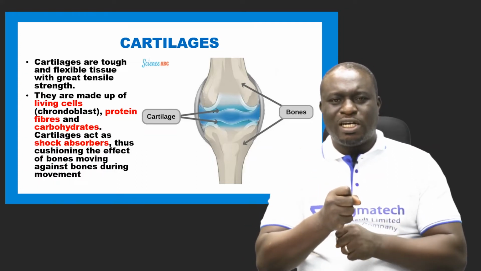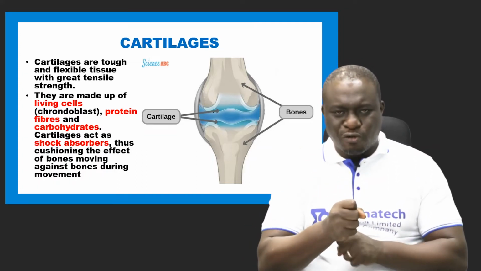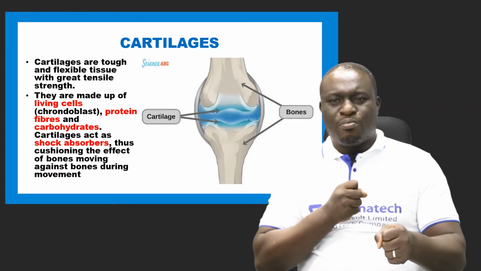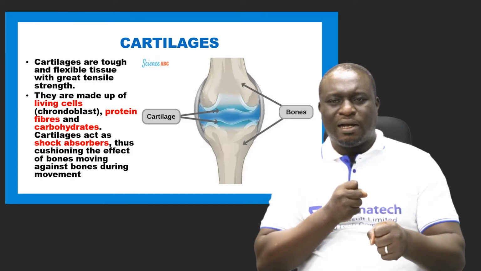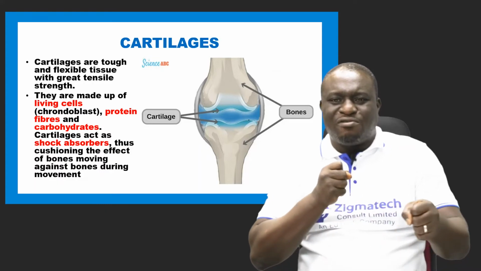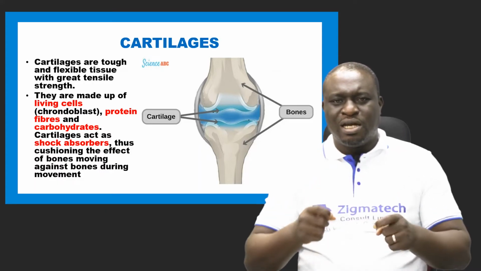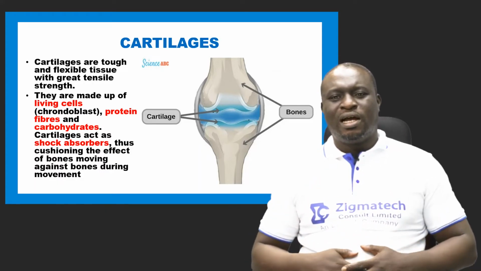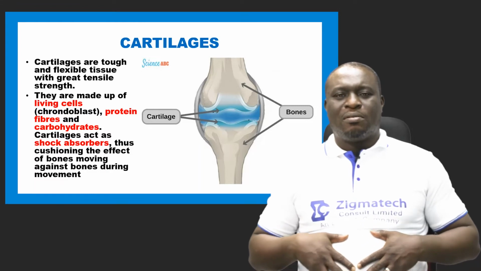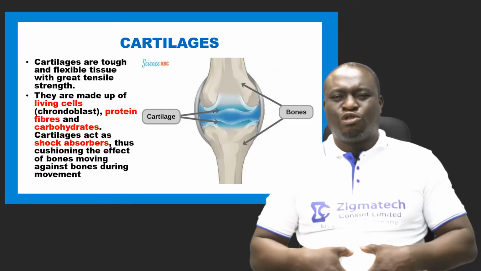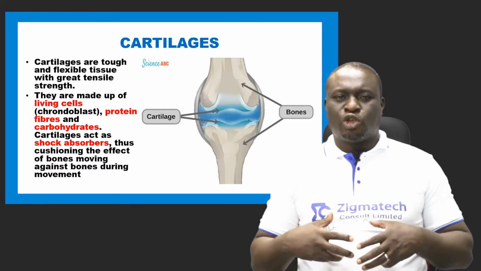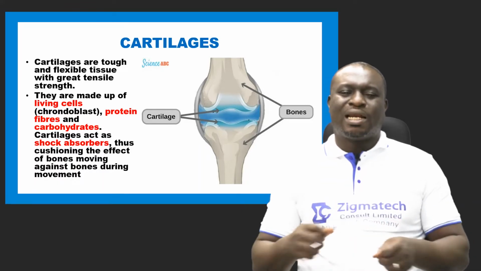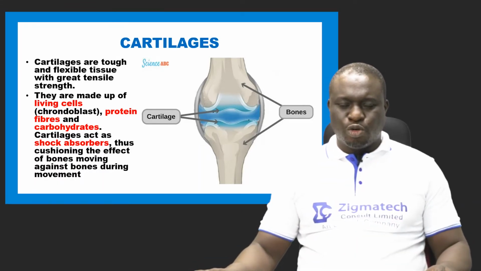When the bones start moving, to prevent a shock between the bones if they glide against themselves, the cartilage helps to prevent that by absorbing the shock that is supposed to be created when bones glide against themselves during movement.